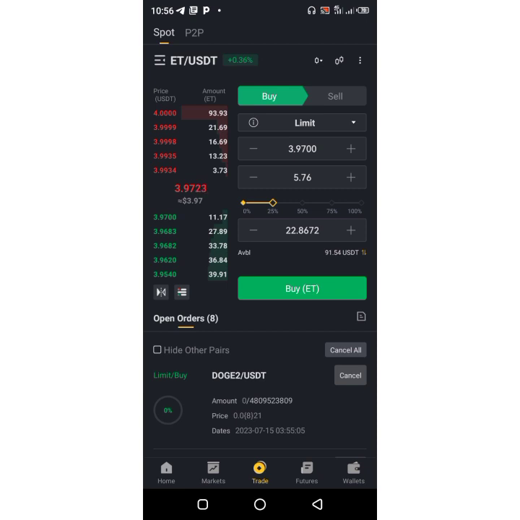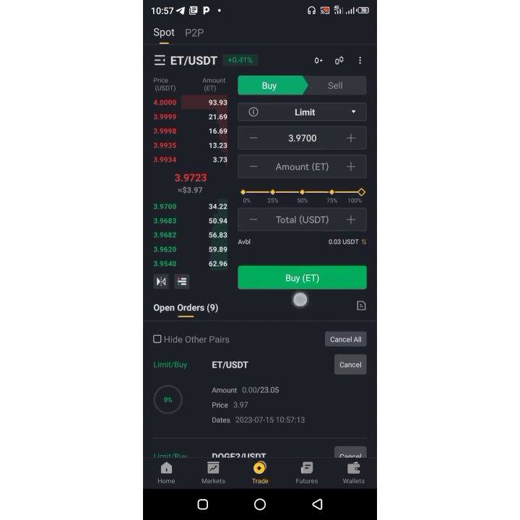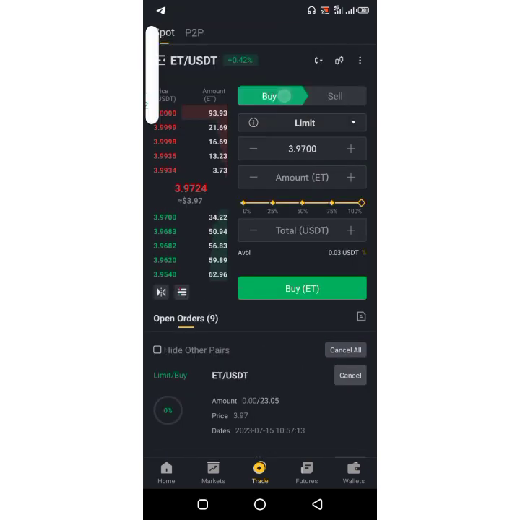If you want to use 50% of your money, you can click on 50. And if you want to use the whole of your money, you can drag it to 100%. So you click on buy now. Once the market comes down to 3.9700, we buy.